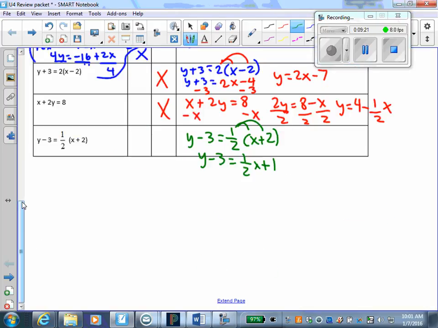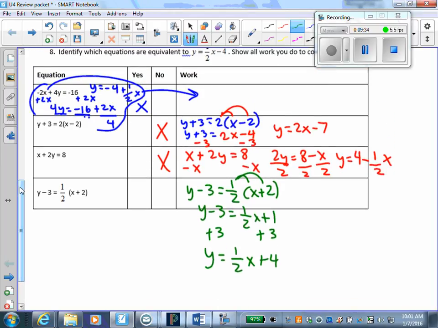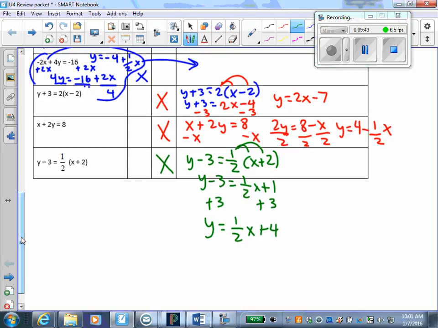And then I add 3 on both sides. So I get y equals 1/2 x plus 4. All right, is that what I wanted? I don't think so, because I wanted 1/2 x minus 4, so no. So the only one that was equivalent was the very first one. All right, let's go to the next page.